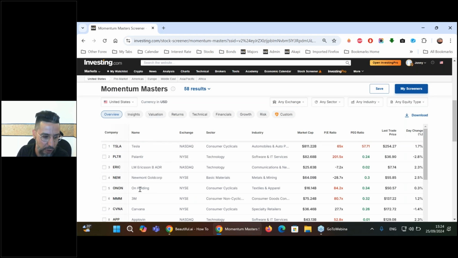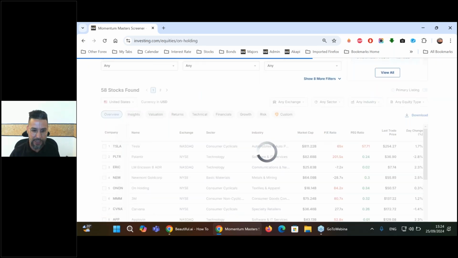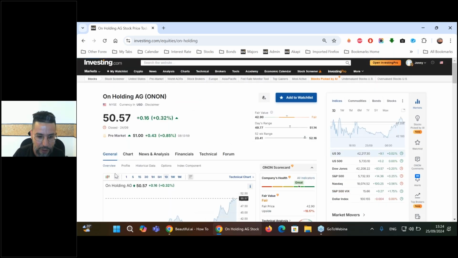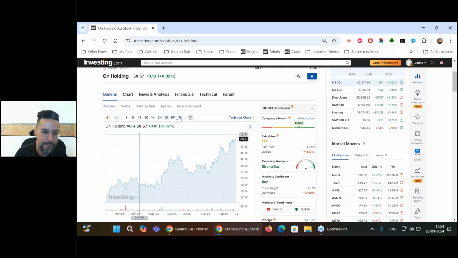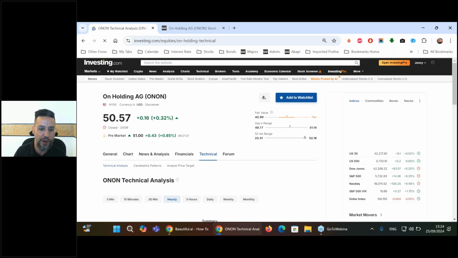pre-screener, stock screener. Another name is the shoe company with Roger Federer as one of the founders. Just a monster chart. Again, a bit overvalued with the fair value set at around 43, but the technical analysis sentiment remains very, very robust.